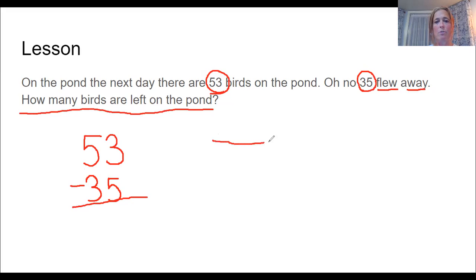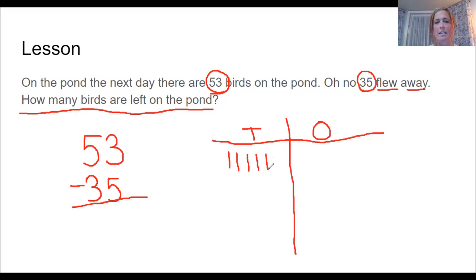All right, so let me draw our chart. We again only need the 10s and the 1s. Okay, and we have 53 as our large number, so that's 5 groups of 10 and 3 1s. Now the problem starts when we see that we have to subtract 5 1s when we only have 3.